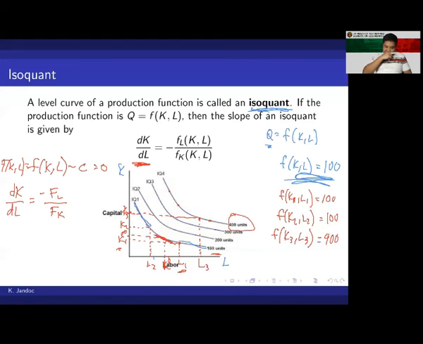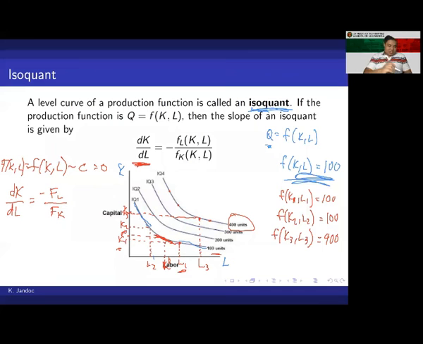So what is this? Remember, K is your y, L is your x. So this is equal to negative F_x over F_y. This is from the theorem earlier.